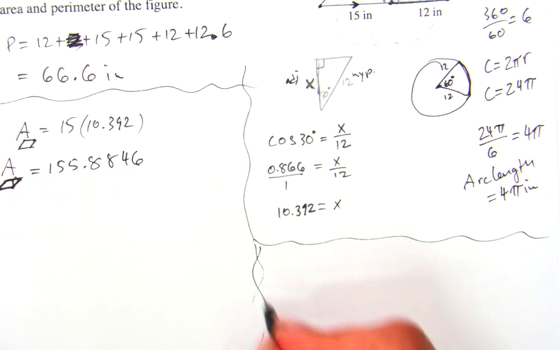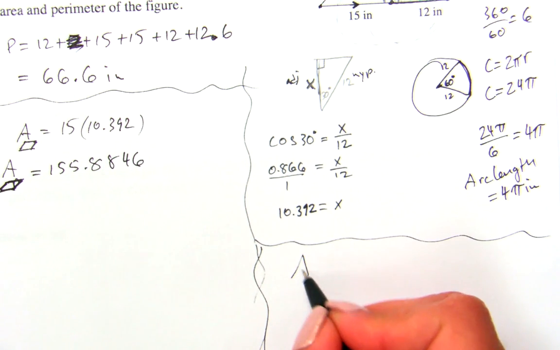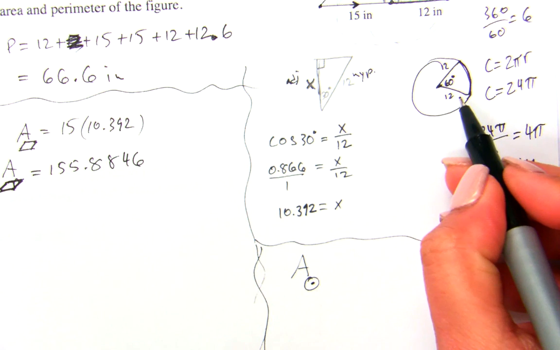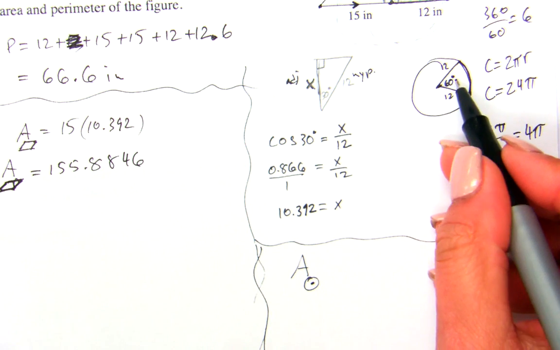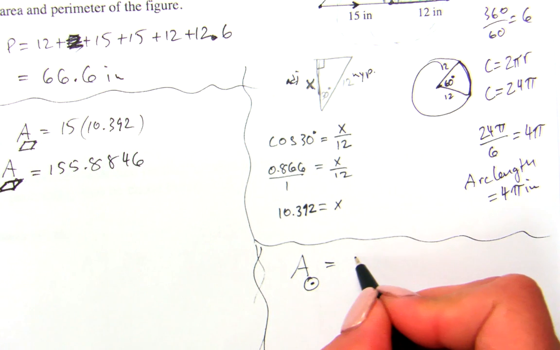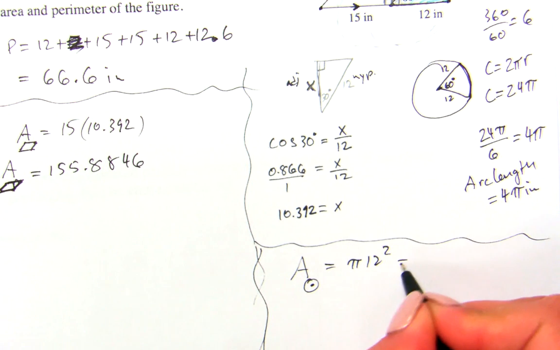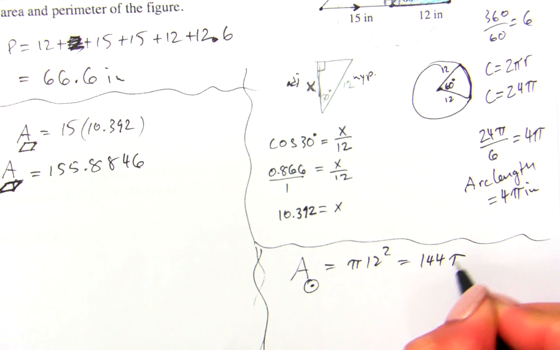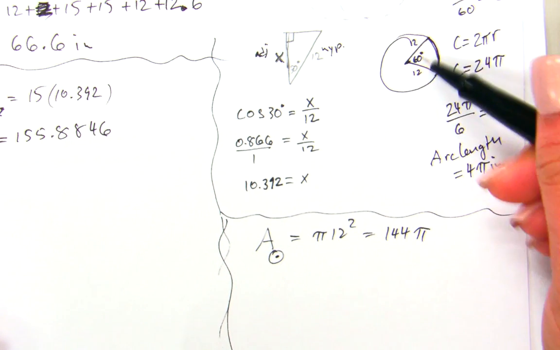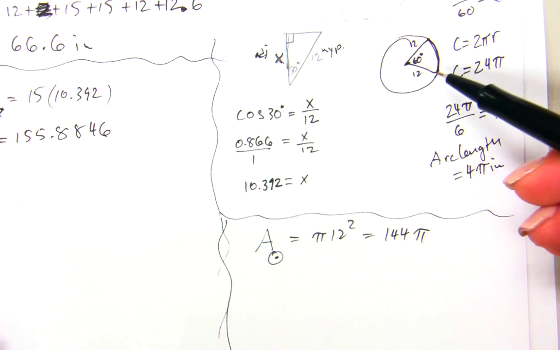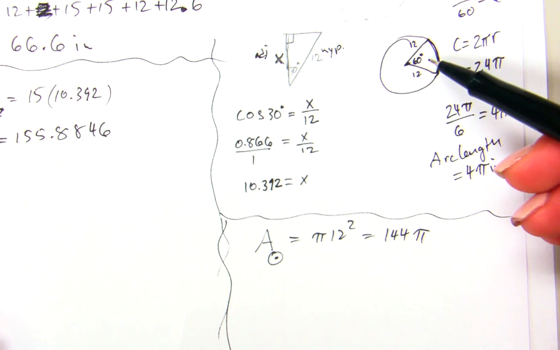So area of the sector, so we had area of the circle, just in general. If I had a circle with a radius of 12, that would be pi r squared, so pi times your radius, which is 12 squared, so 144 pi. All right, but there's six slices in here, so I only want one of the slices.